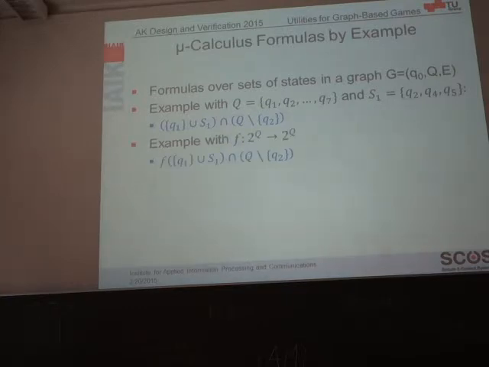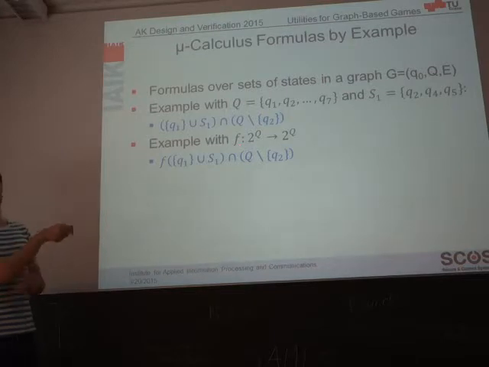What we can also have in mu-calculus formulas are functions. Such a function takes as an argument a certain set of states. I write this here as 2 to the power of q. I'm not sure if you're familiar with this notation, but 2 to the power of a certain set is always the power set of this set, so the set of all subsets of the set.